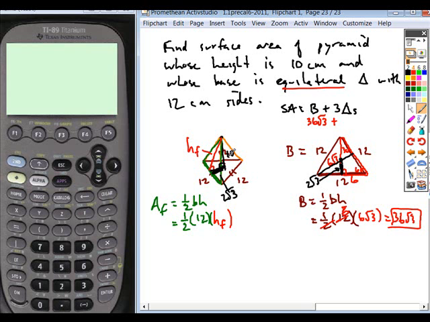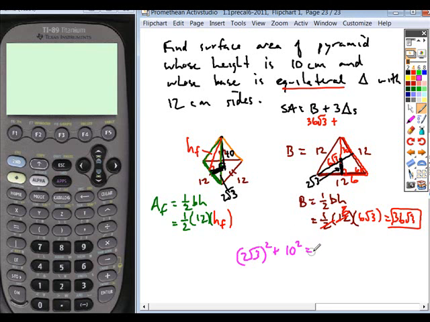We have a leg of 10. And so we can find this h sub f by using what? We have a right triangle with 2 legs. To find the missing hypotenuse, we can use the Pythagorean Theorem. So we can say 2 root 3 squared plus 10 squared.